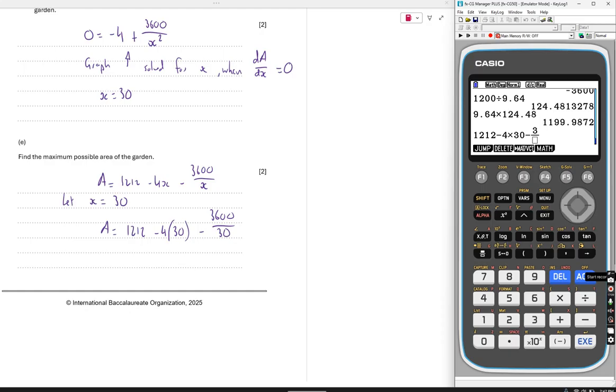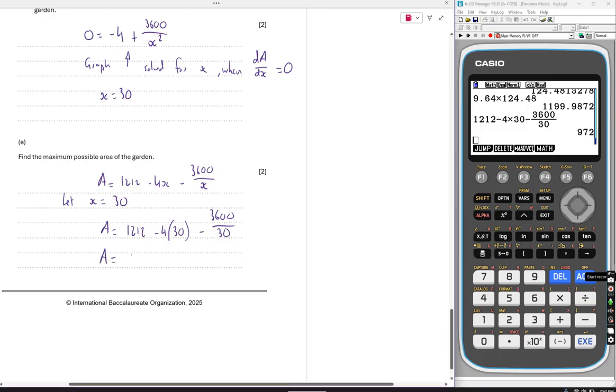Area equals 972 meters squared. Okay, that one is worth 2 marks. You get a mark for substitution of your x value, and then you get a mark for the correct answer.